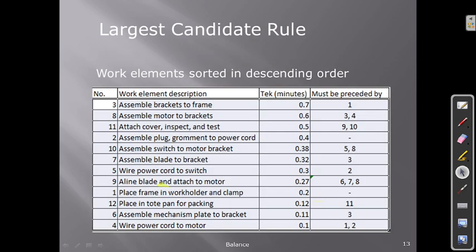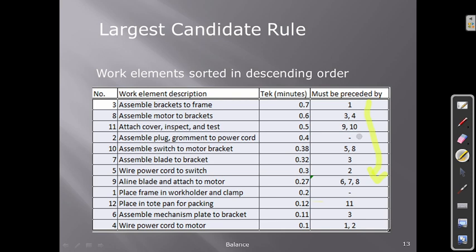We'll go to the previous one. This is the descending order table. Here see what are all the elements without a predecessor. This work element 2 doesn't have a predecessor, as well as work element 1 doesn't have a predecessor. So we go from top to bottom and see which elements don't have a predecessor.